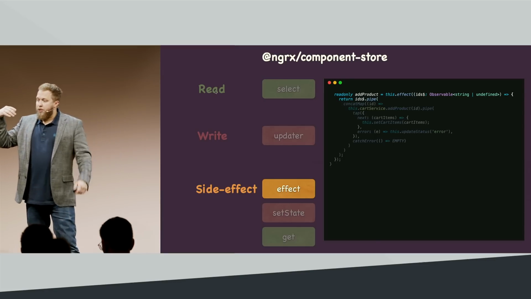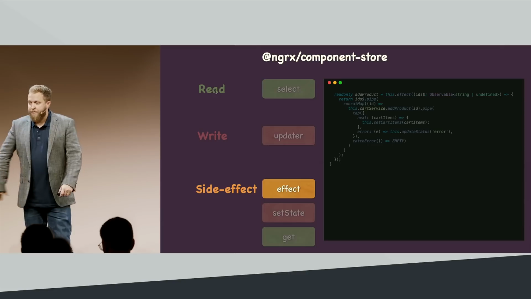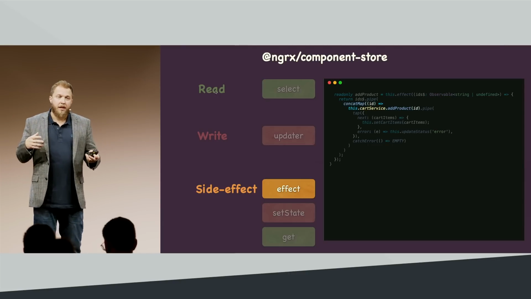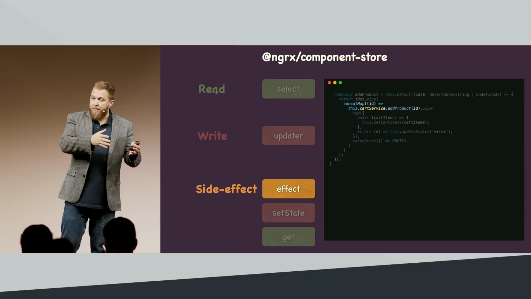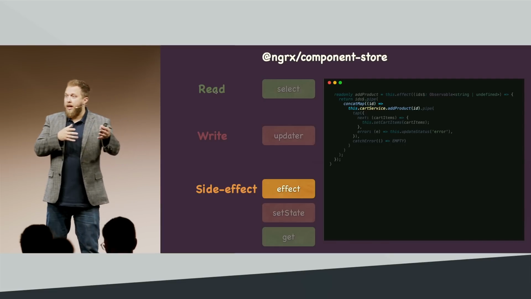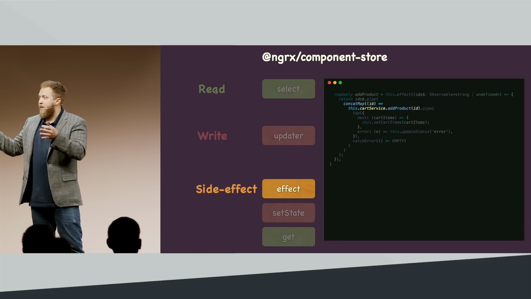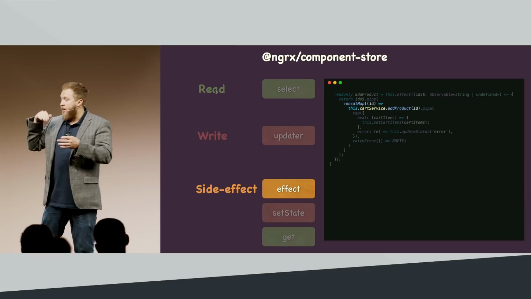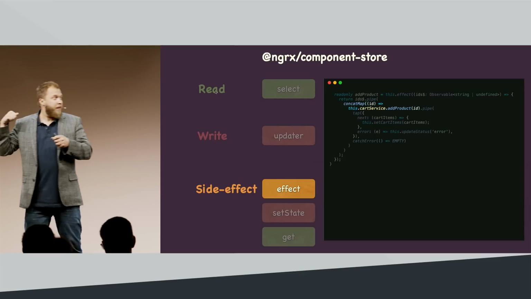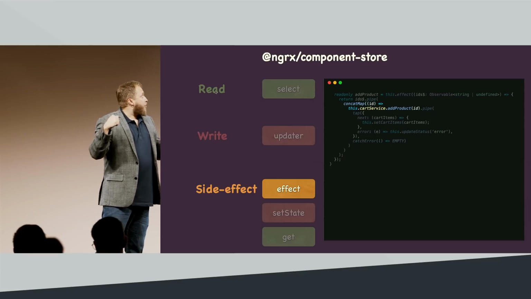And then what do we do with this observable of IDs next? Well, in this case, I'm using concatMap, and I'm using that ID to actually call my service, which is basically a wrapper around the HTTP client, right, to actually go and fetch the data. So this is how you would call it.